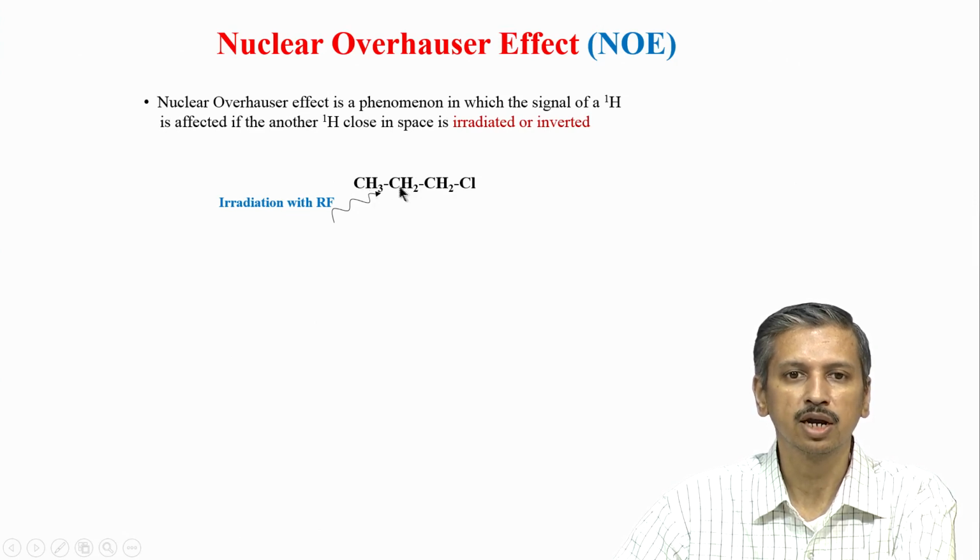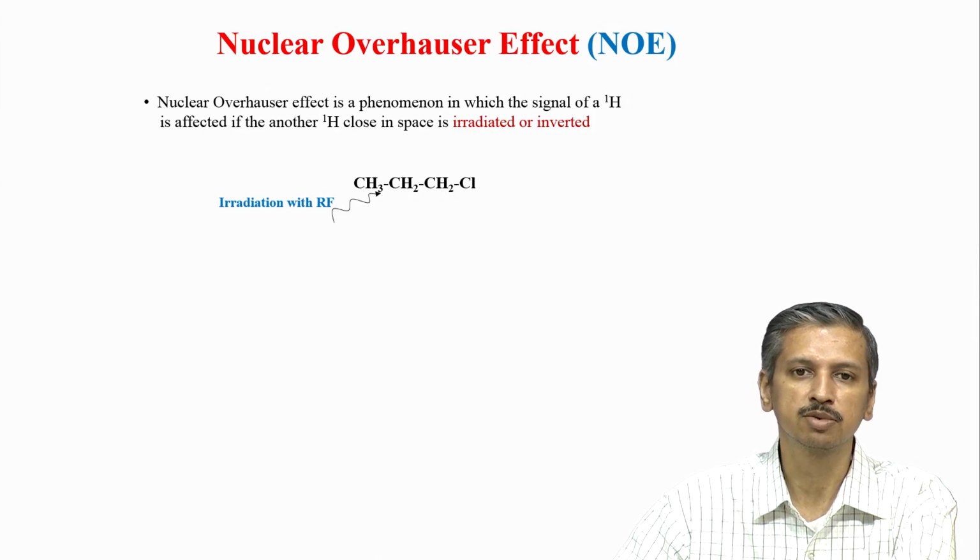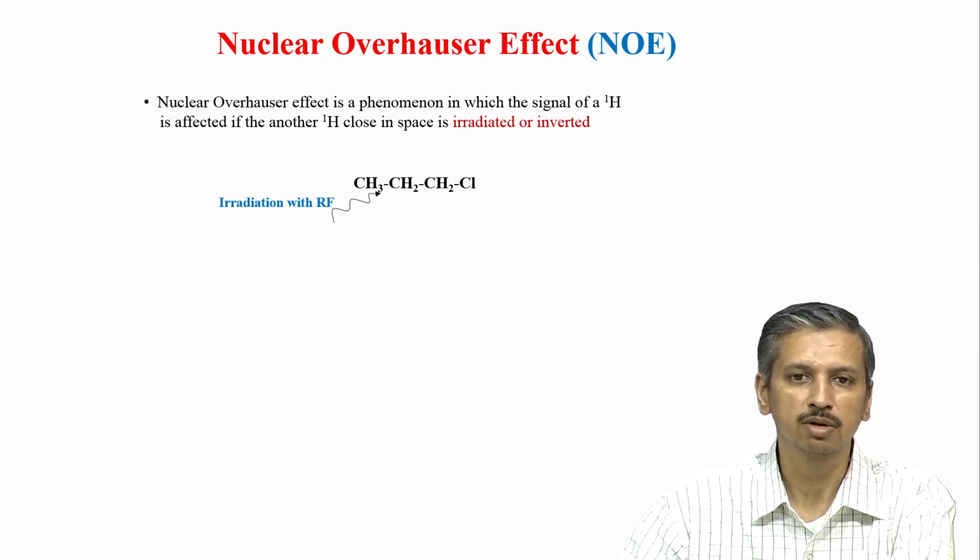It is a very simple logic: if I have two spins A and B and they talk to each other, if I disturb A, B is also disturbed. If there is a coupling between the two, the second is also affected. Because this is affected, this is also affected, there is a chain reaction.